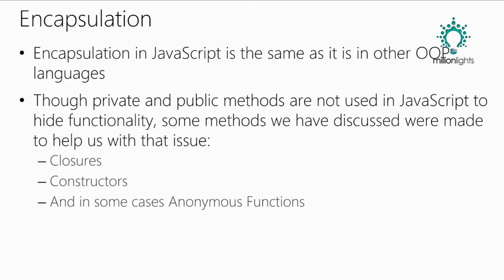But some of the methods that we have discussed already will help you with creating private and public methods. You could use closures for that. You can use constructors. And in some cases, you can use anonymous functions to help you with your encapsulation and what you want to keep away from the code as a whole and what you don't.